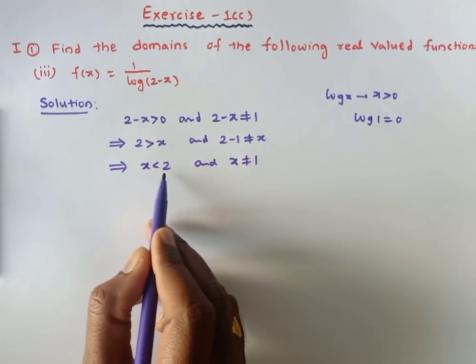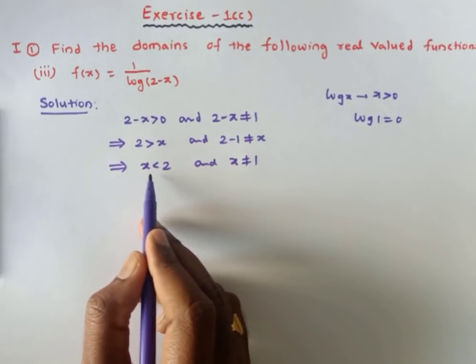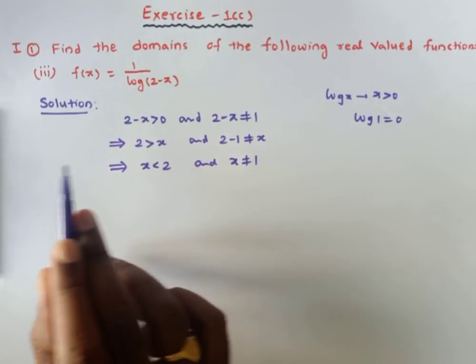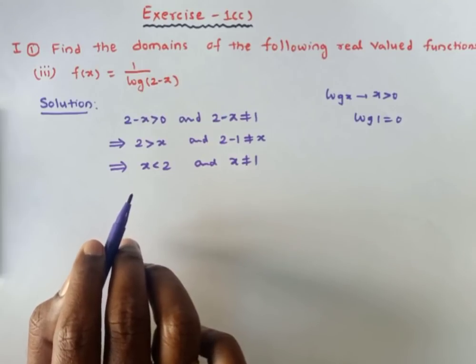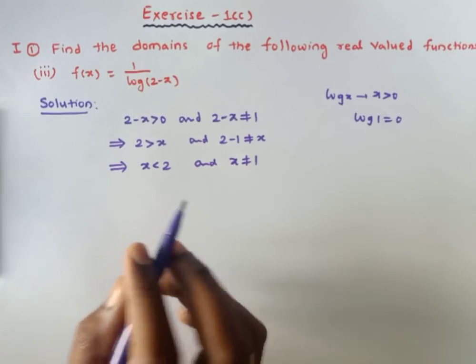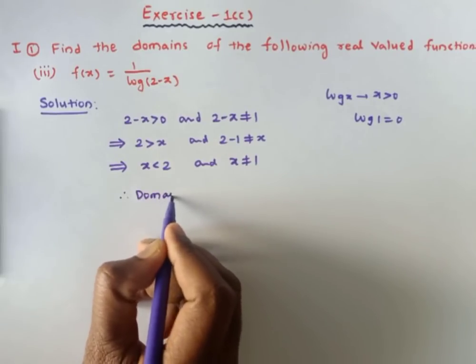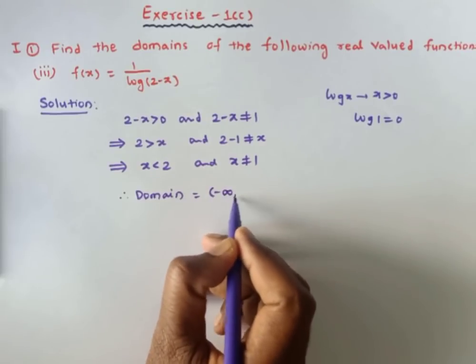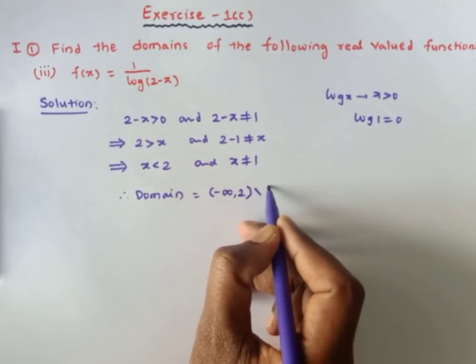Here x less than 2 means the values are 1, 0, minus 1, minus 2 and so on, and in between integers also 0 and 1. Between 0 and 1 there are infinite numbers of rationals and irrationals. So we can define the domain of this function as minus infinity to 2, except 1.